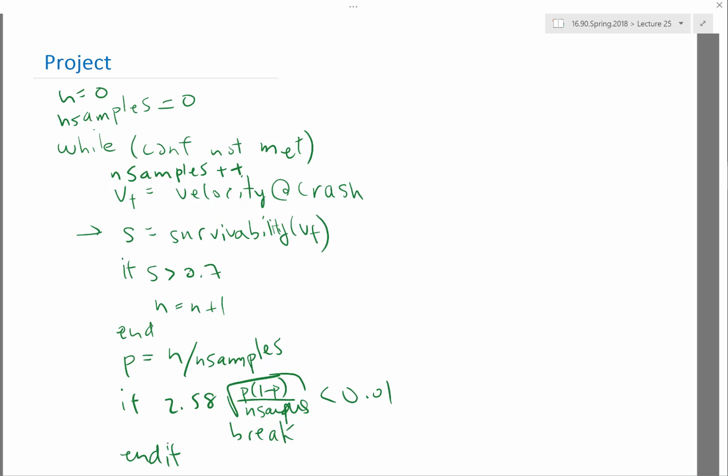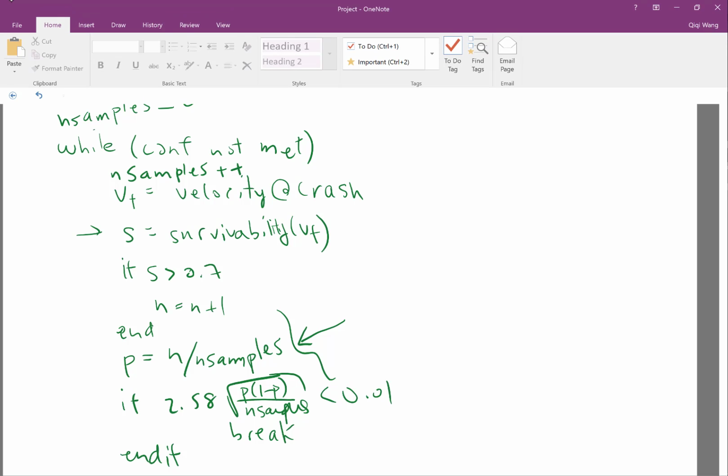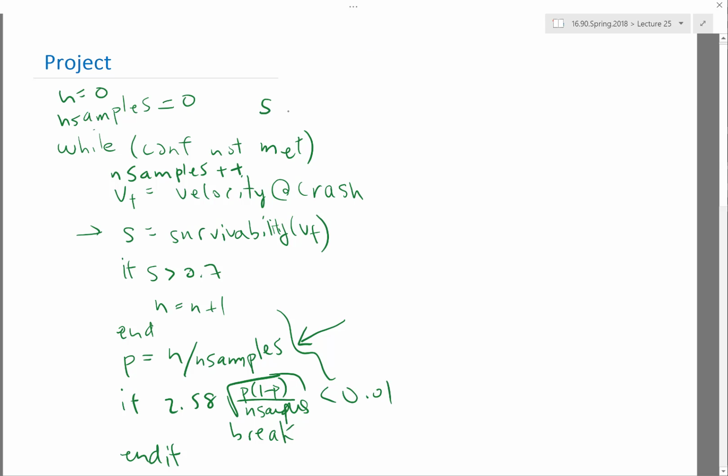Most people, instead of computing all of this, just kept track of it. I noticed a lot of people had this thing called an S list. I guess there was some collaboration.